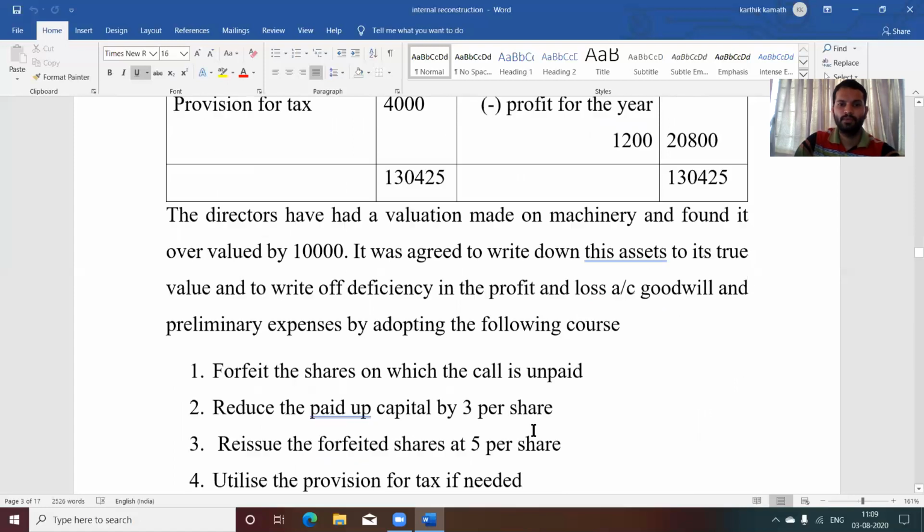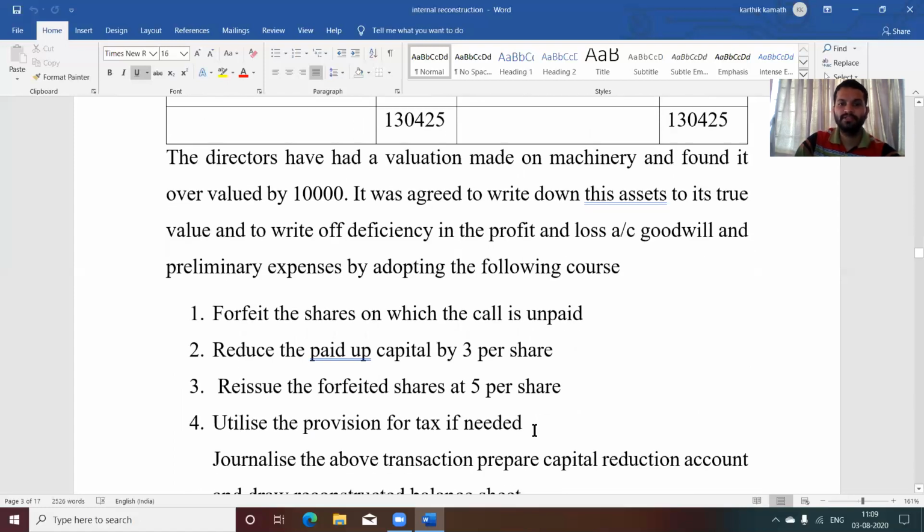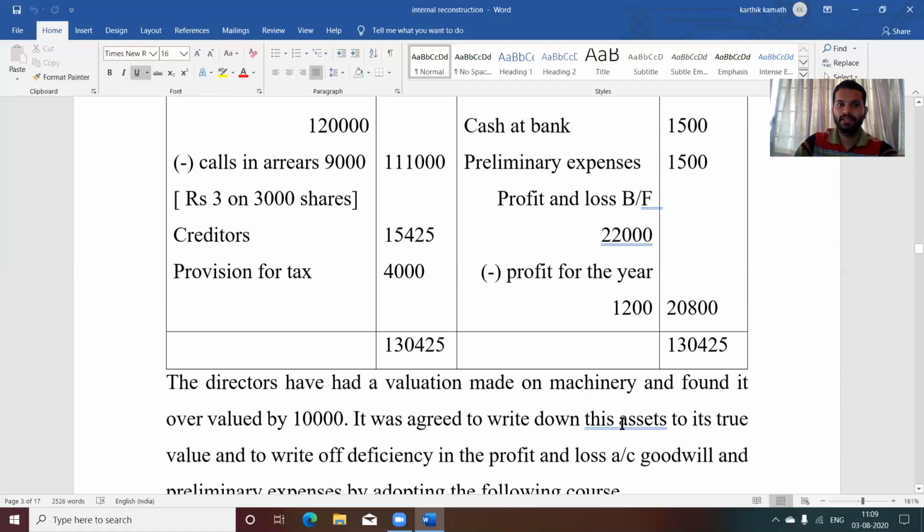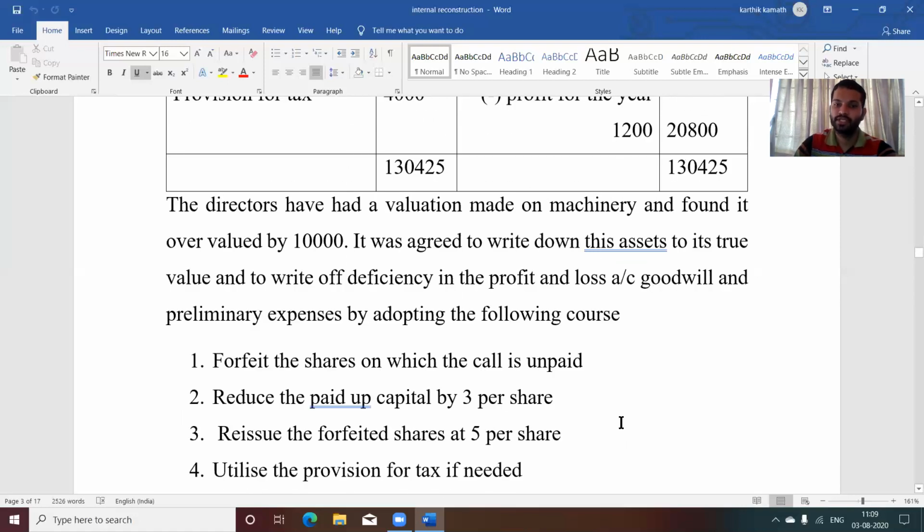Now, what are the other adjustments? There is a forfeiture of shares. First thing is about forfeiture of shares. Forfeiture of shares happens whenever there is non-payment of call money. Here non-payment of call money is there, 3 on 3,000 shares. So there is a forfeiture of shares, and whenever there is a forfeiture of shares, you need to pass one journal entry.